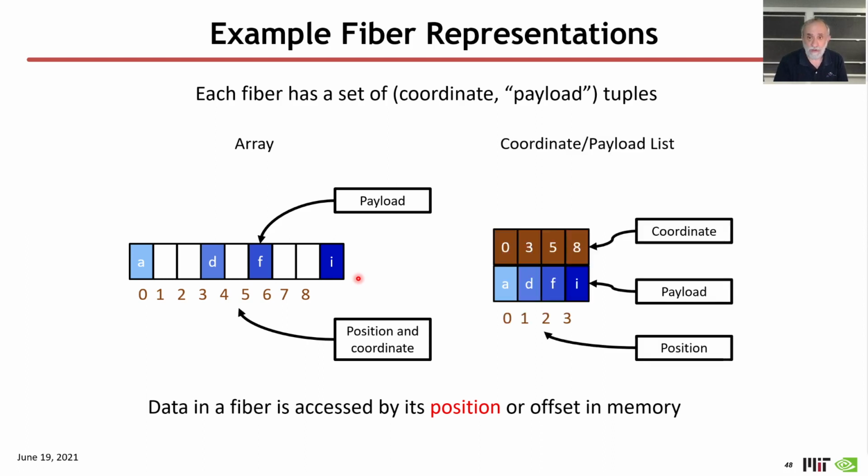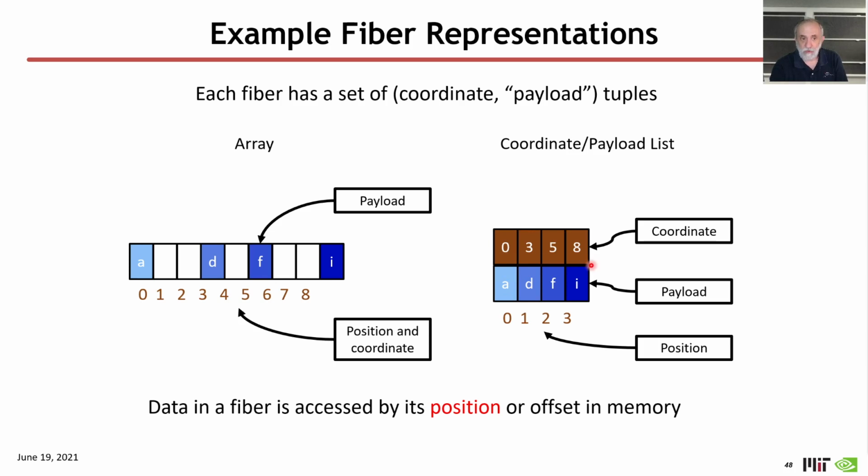An alternate representation of a fiber could be something you might call a coordinate payload list. And here we actually have a list of coordinates and a list of payloads. If we reference things in this structure by position, what we will get are the non-zero coordinates.